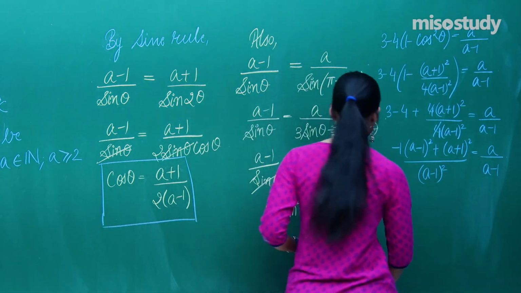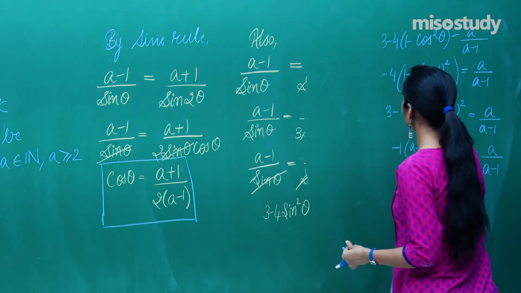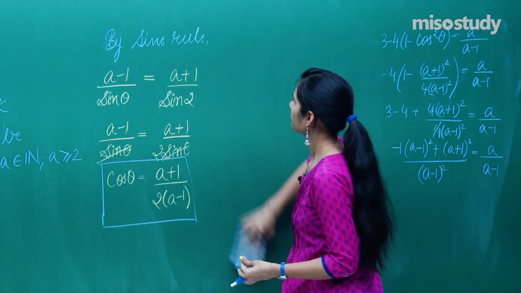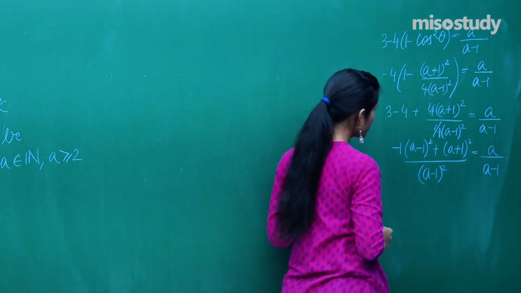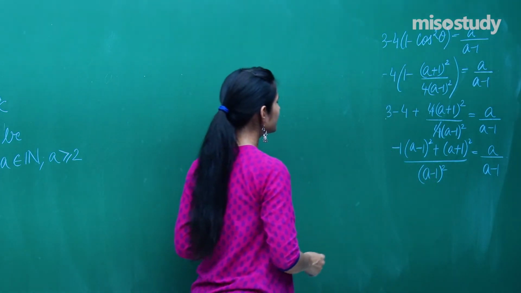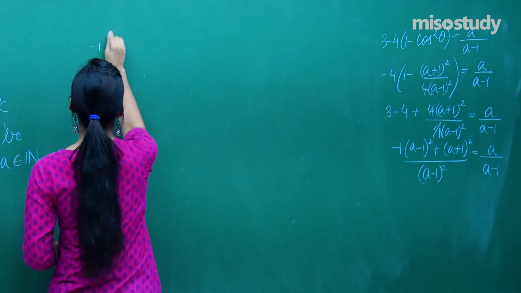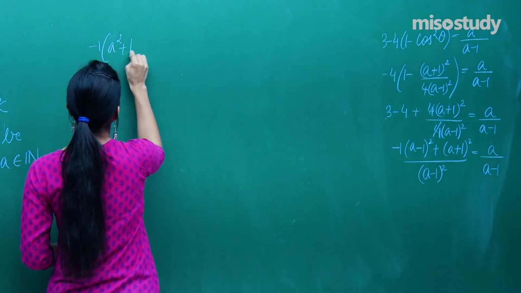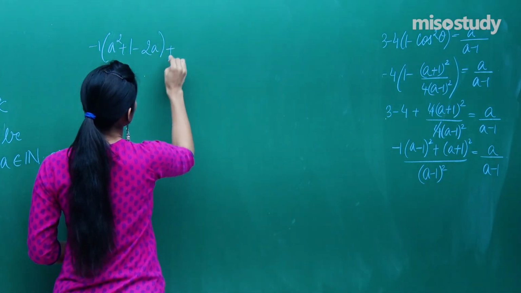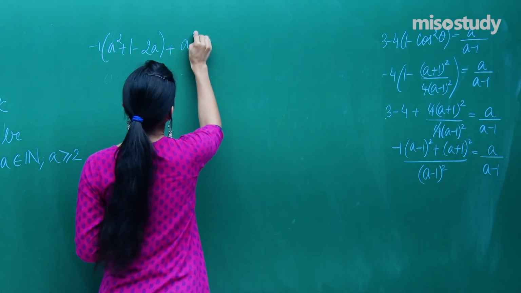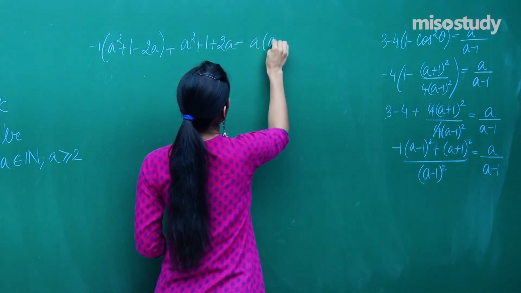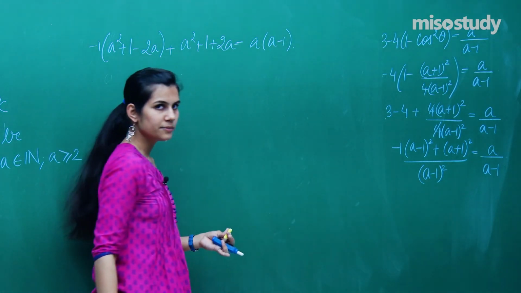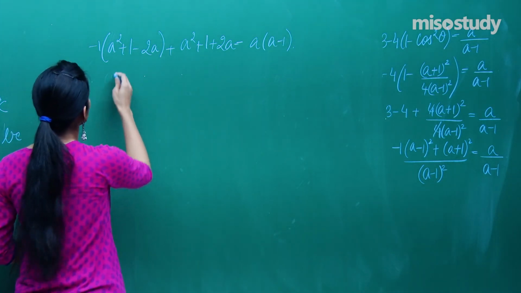Cross multiply. What is it that you obtain? If you cross multiply, what are you going to get? You are going to get minus 1 into a square plus 1 minus 2a plus a square plus 1 plus 2a equals a into a minus 1. So what you get?